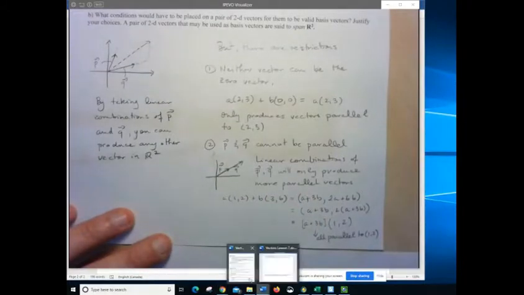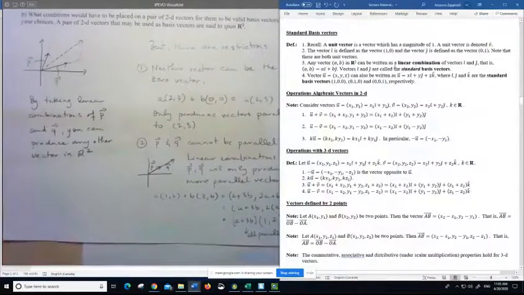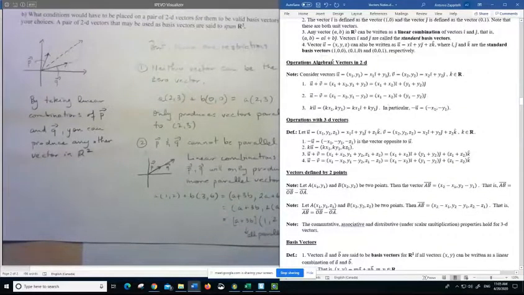So if we just do a very quick scan of the notes here, we've got our standard basis vectors in 1D and in 2D. In 2D and 3D, i, j and k. Our operations on 2D vectors and 3D vectors work in the exact same way.